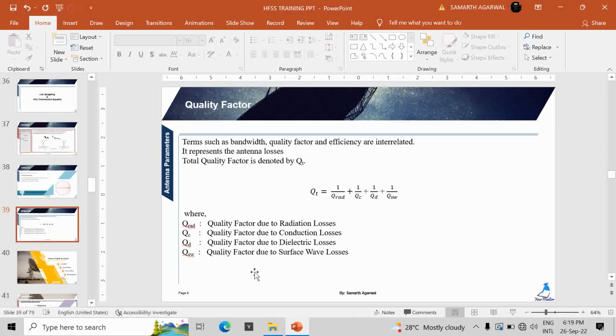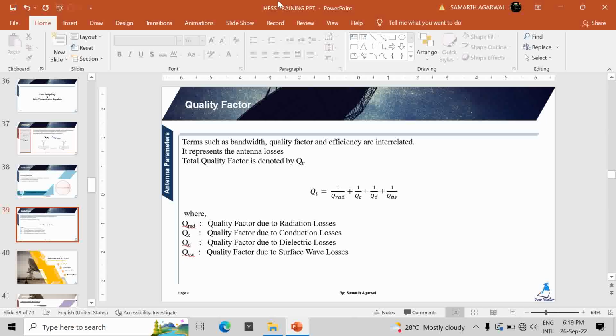Now quality factor. As you might remember, I have already discussed the losses. Even though we expect ideal values like VSWR equal to 1 and S11 lower than minus 40 or minus 30, because of conduction and other losses our results will not be ideal at all.